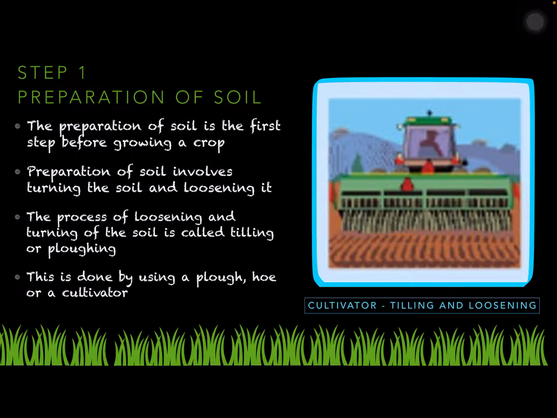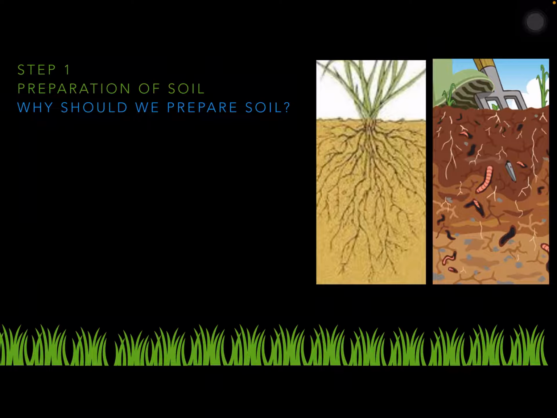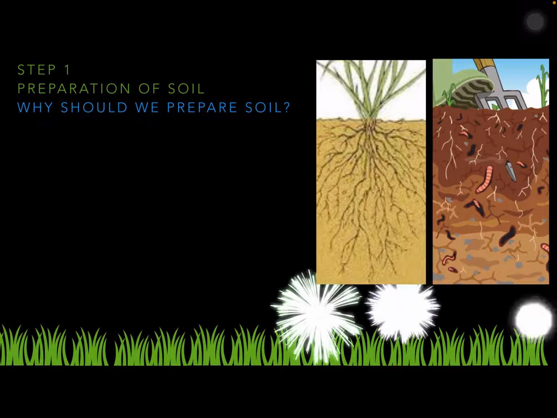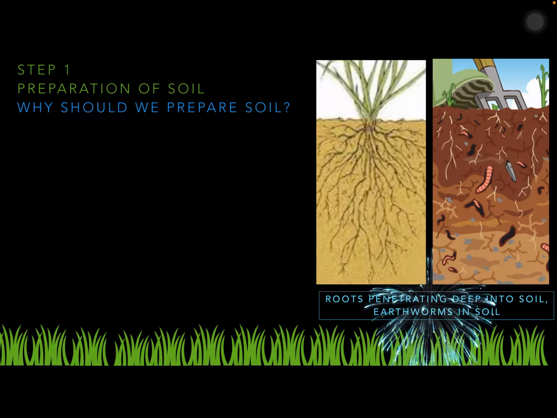Preparation of soil is carried out by using a plow, a hoe, or a cultivator. We had the question just now, right? Why should we prepare soil? This is the answer. See here, I don't want to give you the answer immediately. See both the pictures given here.